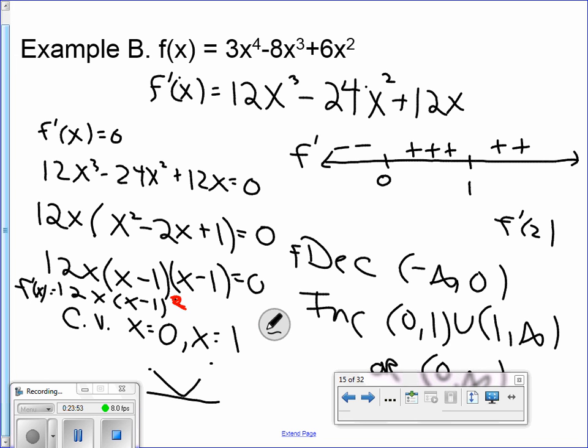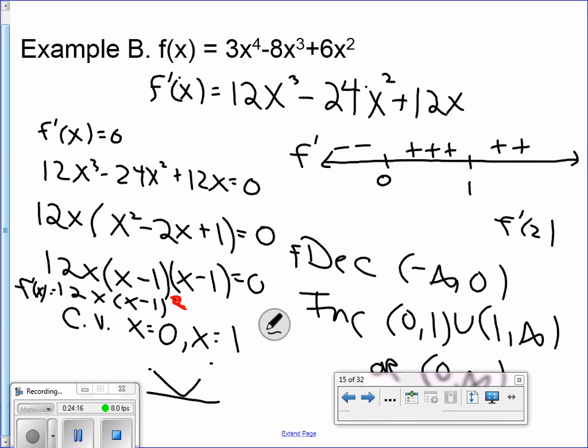The great thing about this derivative is anything minus 1 squared, other than 0, is going to be positive. So when you want to see when this derivative is positive or negative, basically all you care about is the factor x. The other factor, 12, is always positive, and x minus 1 squared is always positive. You're not going to get 0 because those are our critical values.